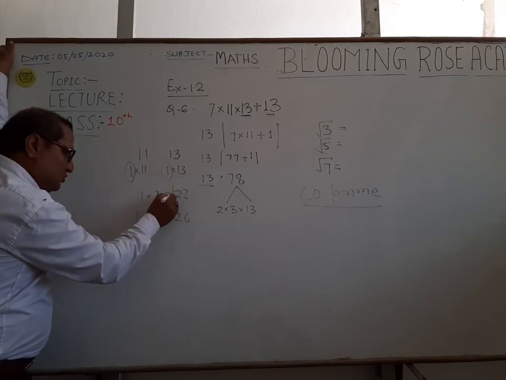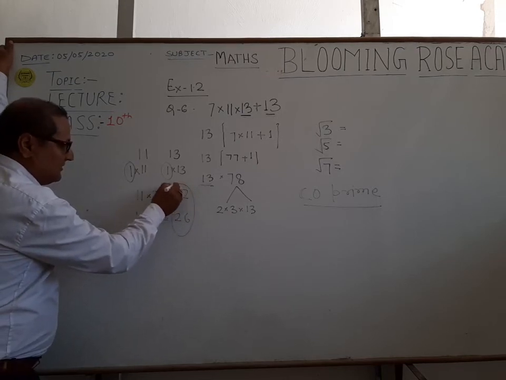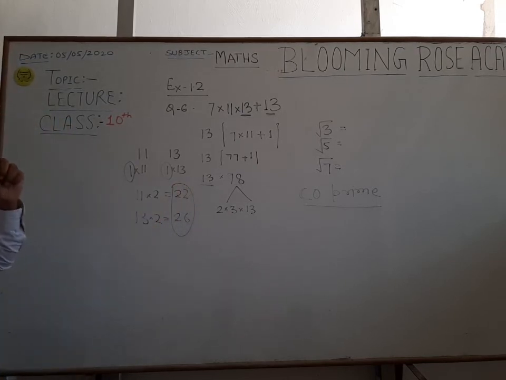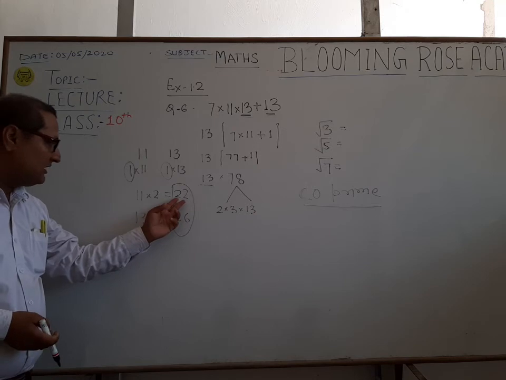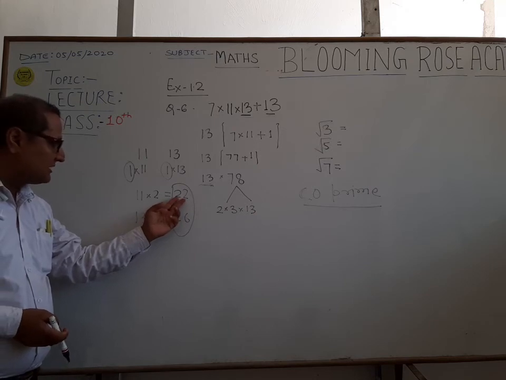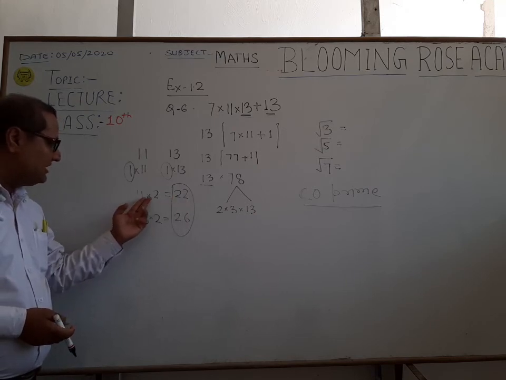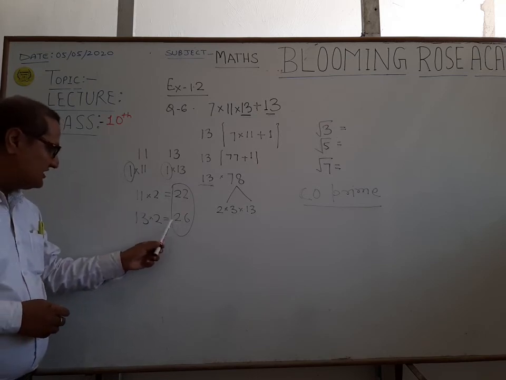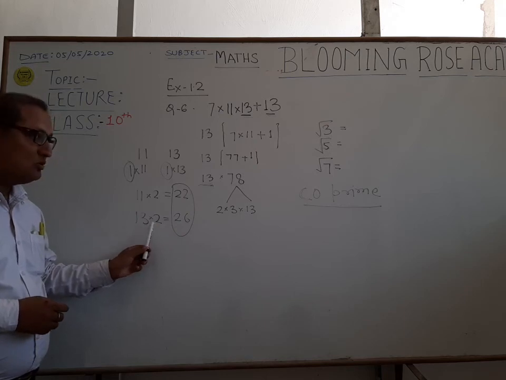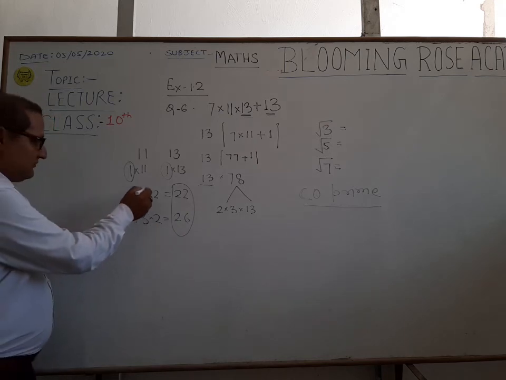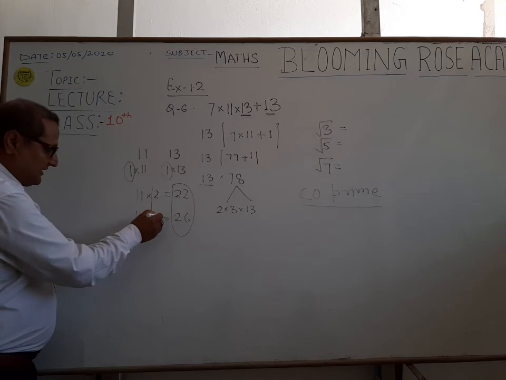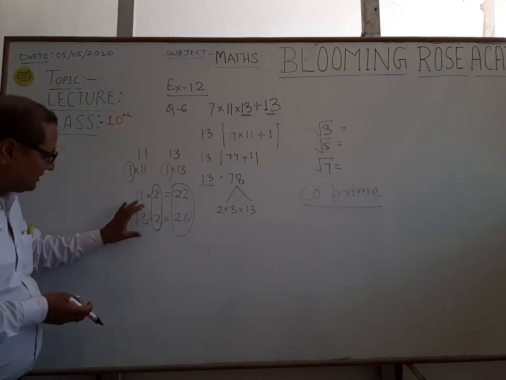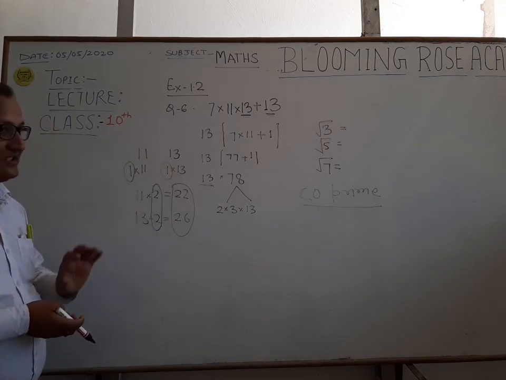Now these 22 and 26 are co-prime numbers. Why? Because if we take the factors of 22, we get 11 into 2, and the factors of 26, we get 13 into 2. Here is the 2. This factor is common between 22 and 26.